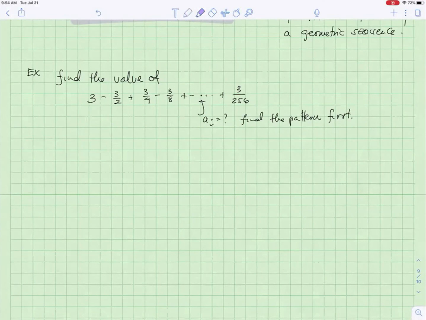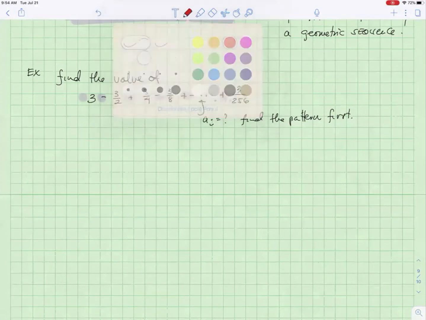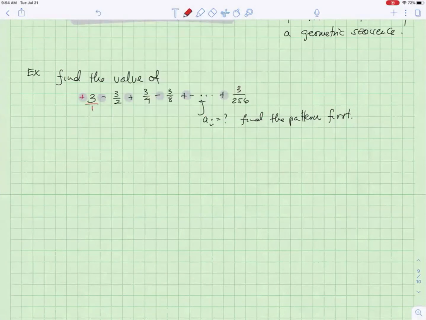First we might want to note this is alternating. The first term is positive. That's going to be important for us.